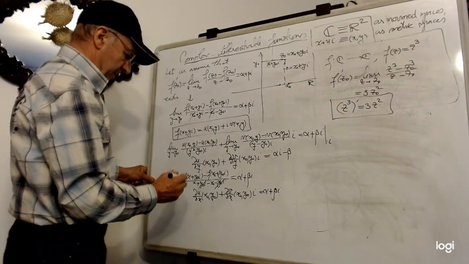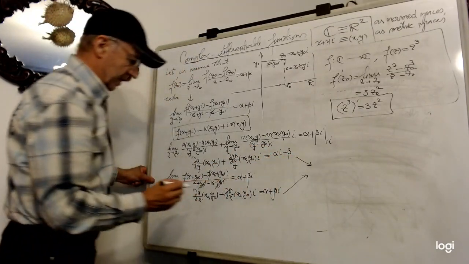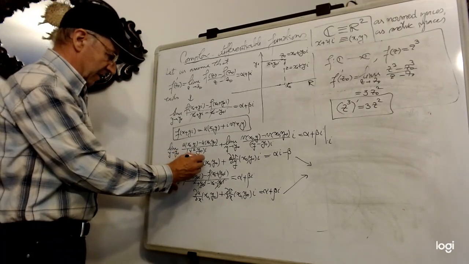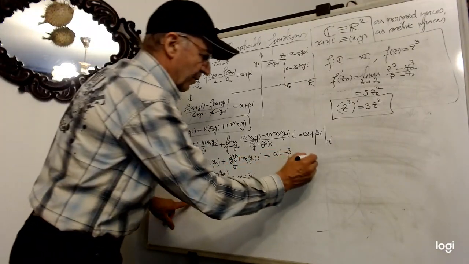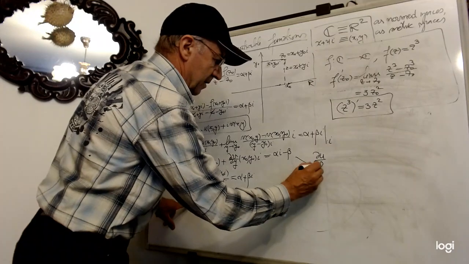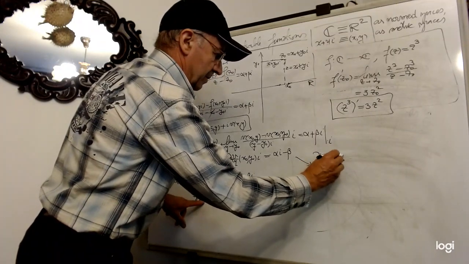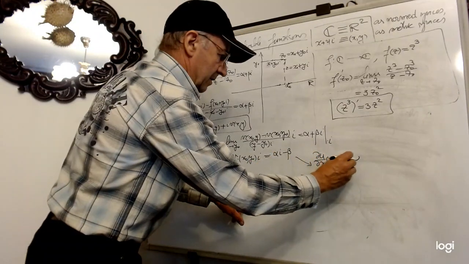Now, from these two relations, if we take only the real part, we get the derivative of u with respect to x at point x0, y0. This is alpha.